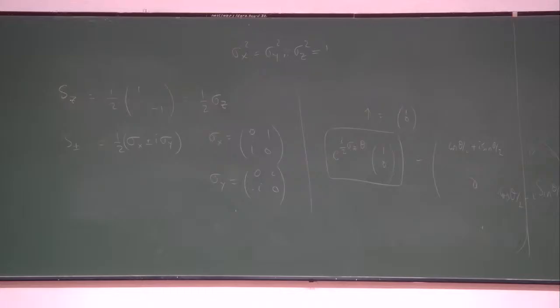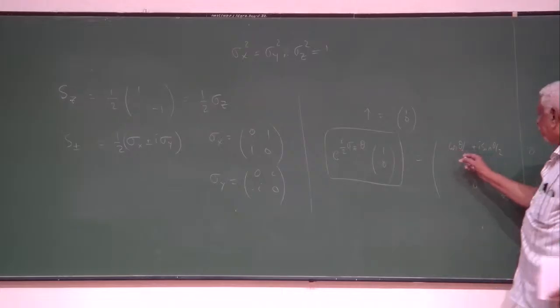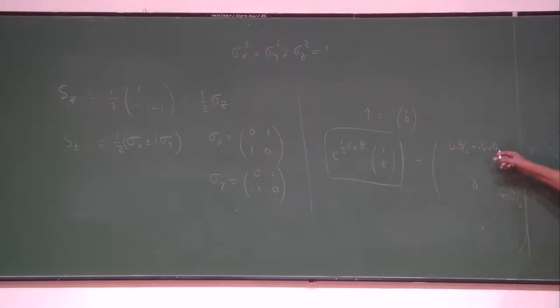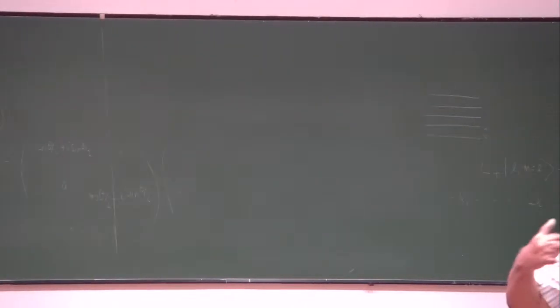Now, when I do 2 pi rotation here, this one is cos pi by 2, this is sin pi by 2, 0, etc. You will find it does not come back to its original value, because theta by 2 is there. It is not theta.